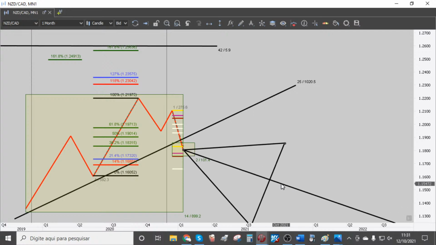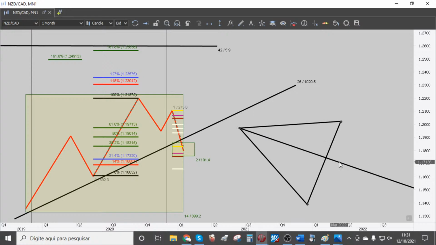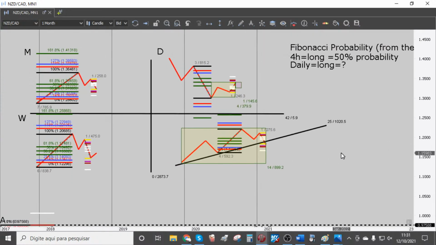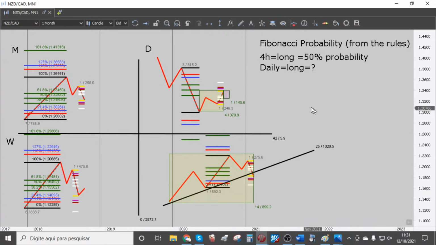We need to address timing too. So Lucas is not wrong, in the daily chart there is better probability to go short. When Lucas is saying that there is better probability to go short, we are talking about exactly direction. Direction, not timing.